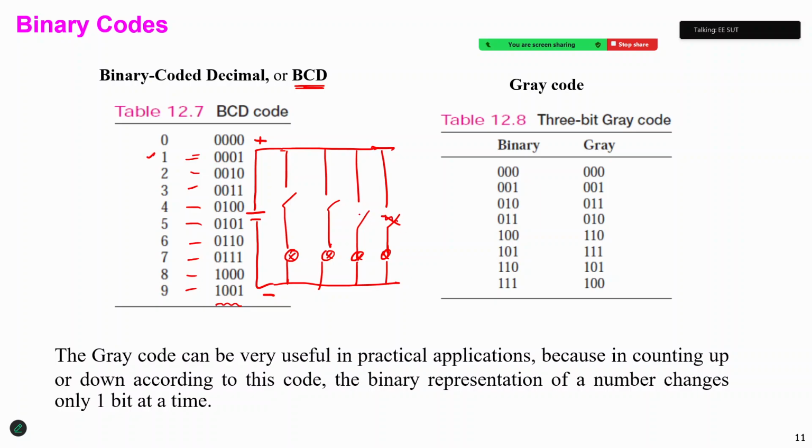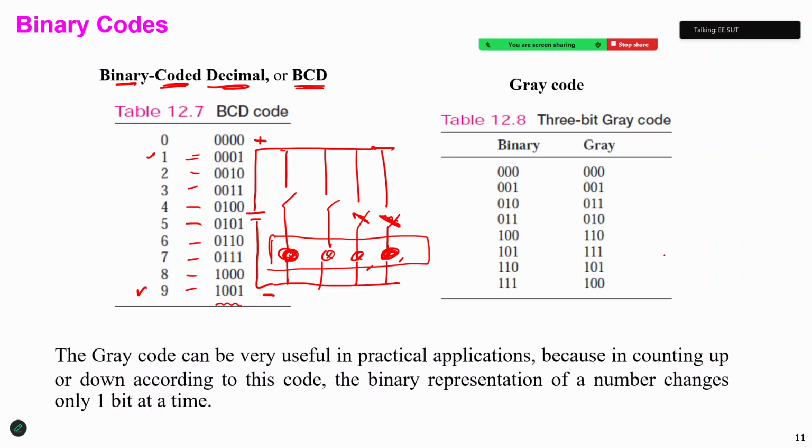If this switch is off and this switch is on, we get 2. If I switch on these two switches, these 2 lamps on mean the number 10. So we can represent numbers 0 to 9 by 4 switches. If this switch is on and this switch is on, it means the value of 9, for example. This is called binary coded decimal.